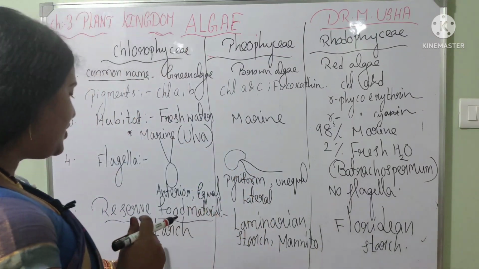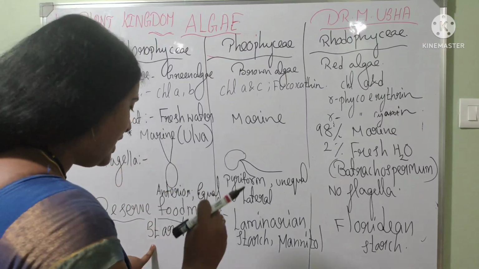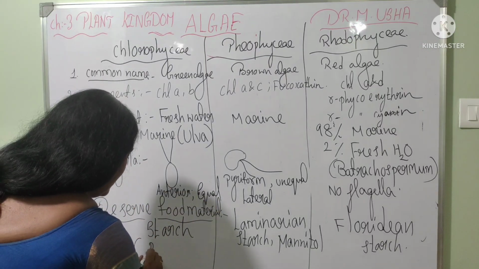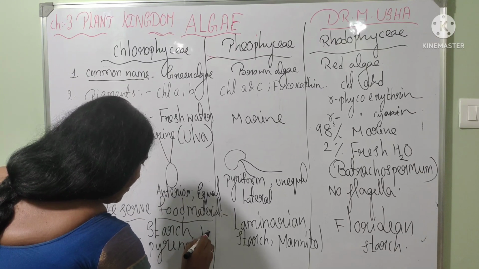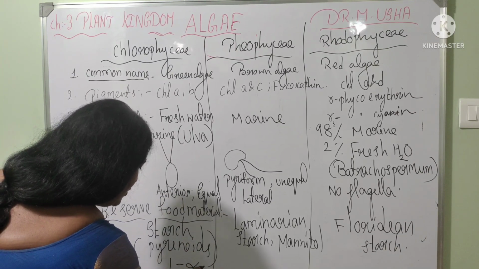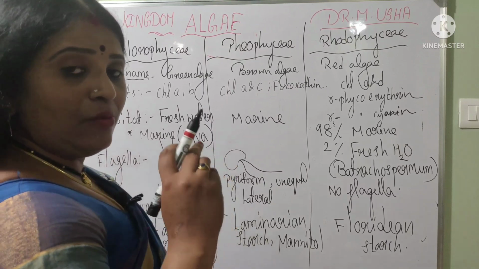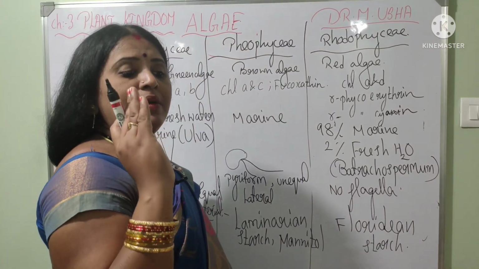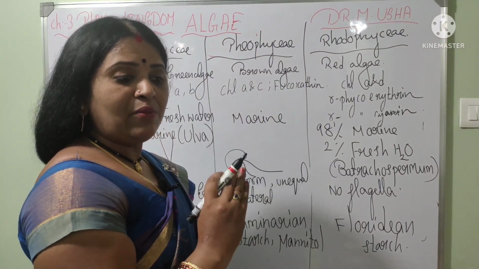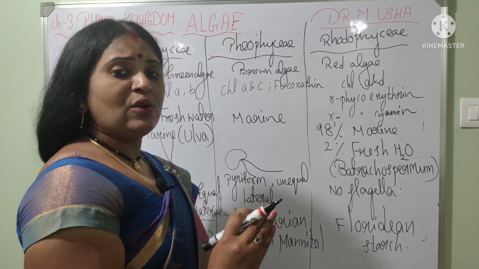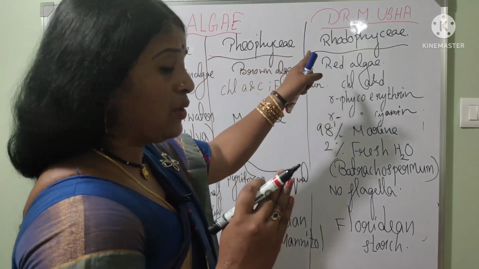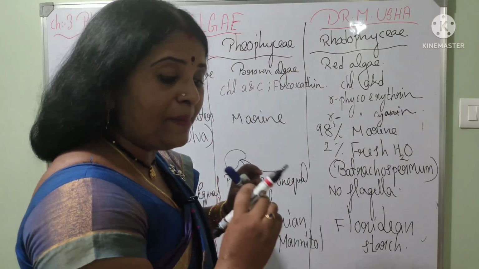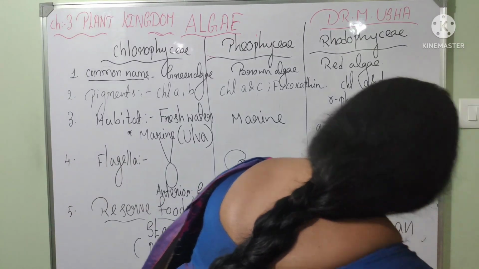The starch is mostly stored in special granules called pyrenoids. These are very important. In each cell, one to many pyrenoids are present. So this is about all the aspects of cell structure. But the respective examples of Chlorophyceae, Phaeophyceae and Rhodophyceae are also very important.